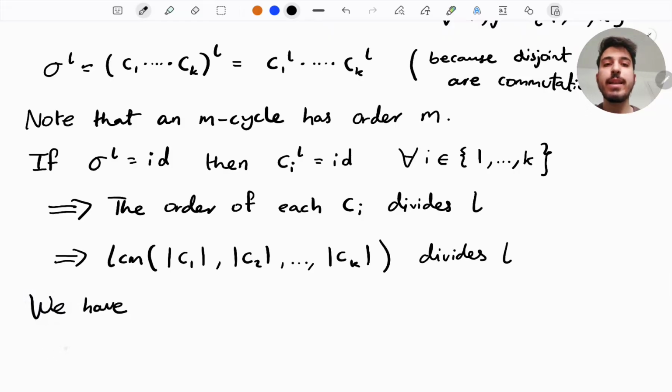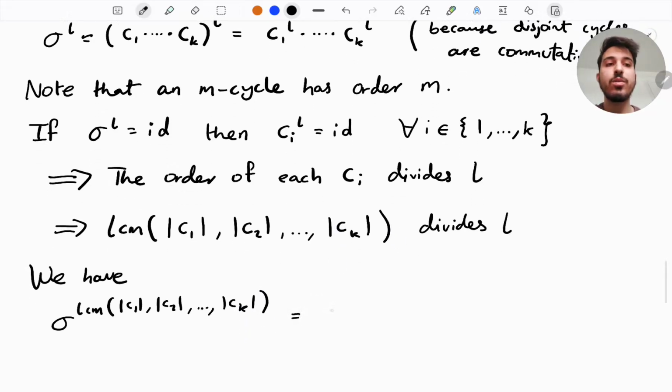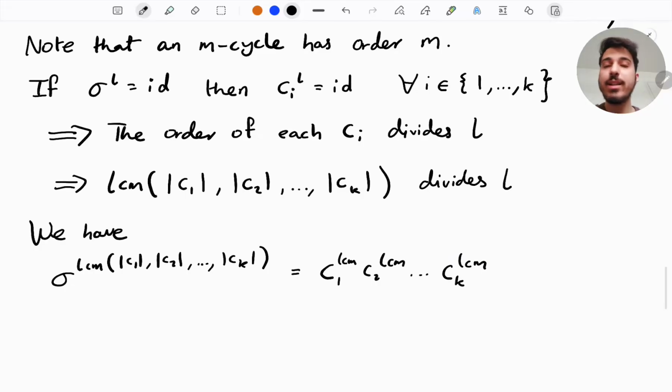So we have that sigma to the power of the LCM of the orders of C1, C2, all the way to Ck is equal to C1 to the power of the LCM, C2 to the power of the LCM, all the way to Ck to the power of the LCM. But because the LCM is a multiple of the order of each of the Ci's, each of these Ci's individually will give the identity element.